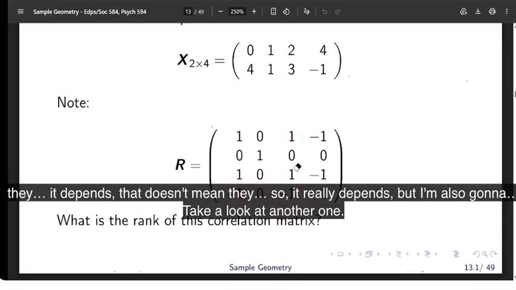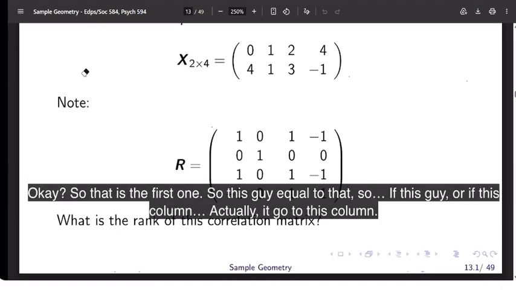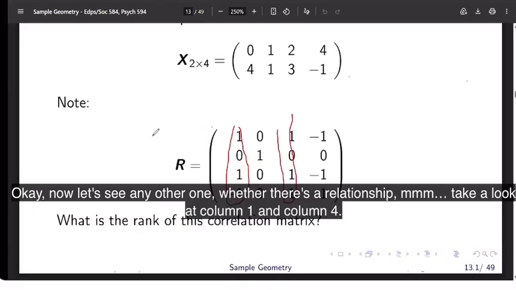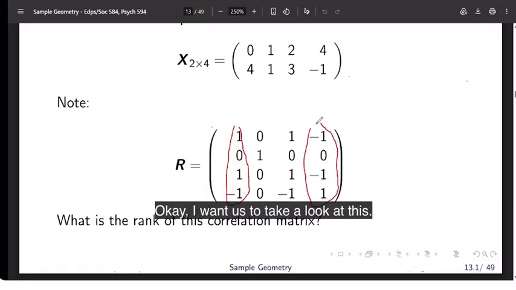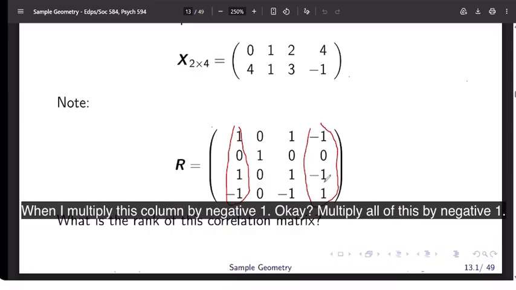Now let's see if there's a relationship in any other pair. Take a look at column 1 and column 4. When I multiply all of this column by -1, that will give us this.